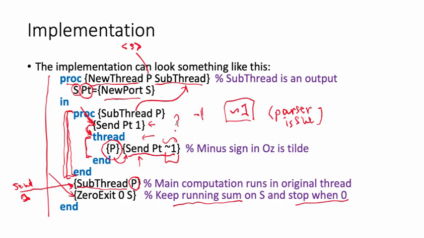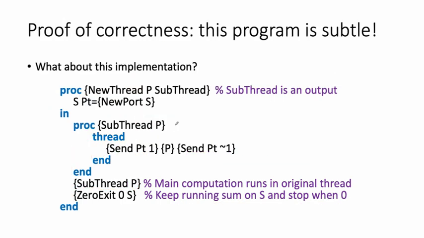Now let's look at this second version, which is a little bit different. Here we do a send of +1, we do P, and then we do a send of -1. But both of the sends are done inside the thread. So what about this definition? Is this one correct?